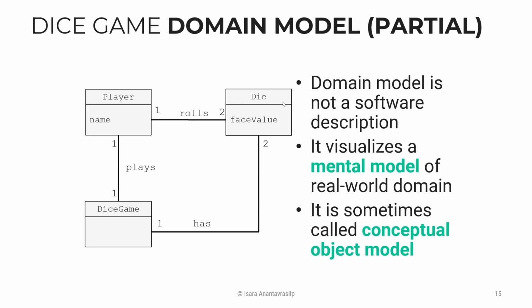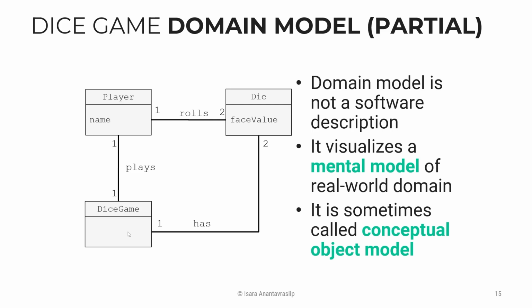Here, in this domain model that explains our dice game, we have the player, we have the game itself, and we have the die, right? Dice is actually plural, so one die, two dice.